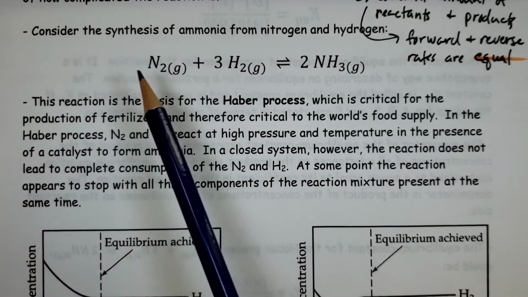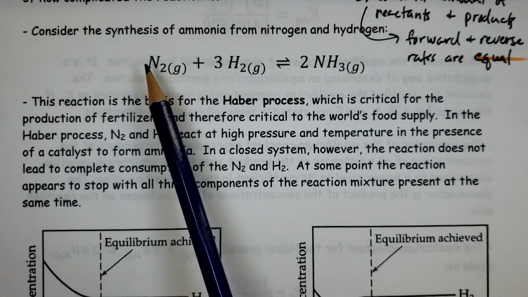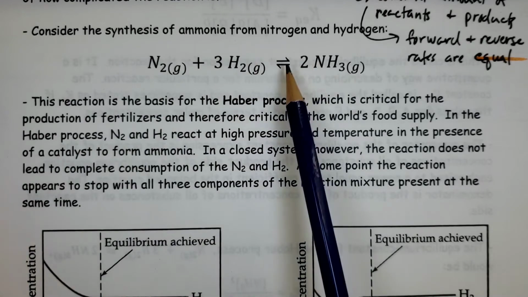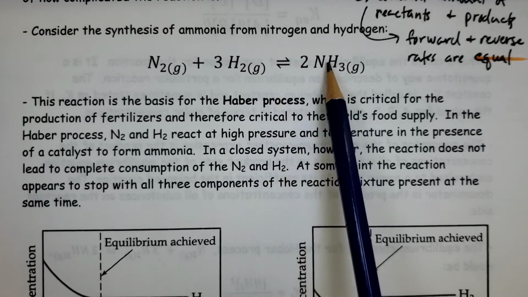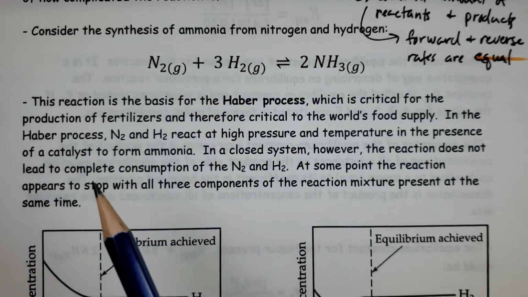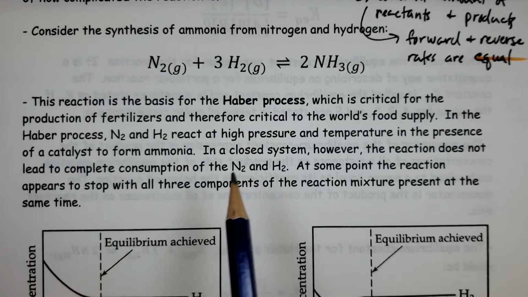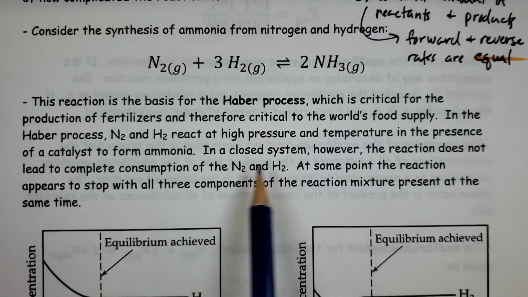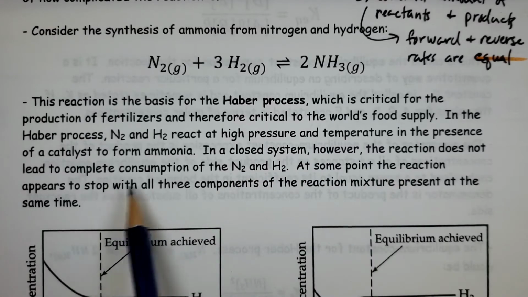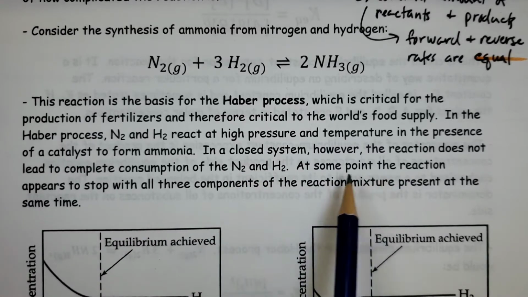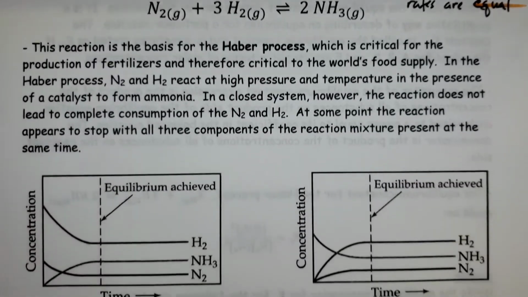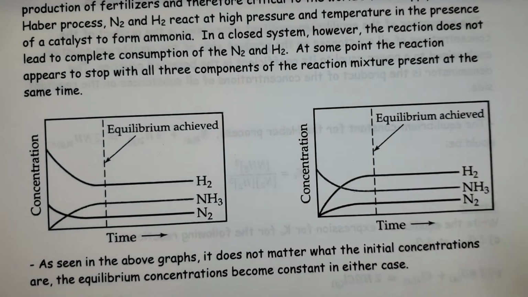In previous years in science classes, we'd have said reactants come together to make products, and those reactants are used up. Well, because this is a reversible reaction, some of the ammonia goes back and makes nitrogen and hydrogen. At some point, the reaction appears to stop with all three components being present at the same time.